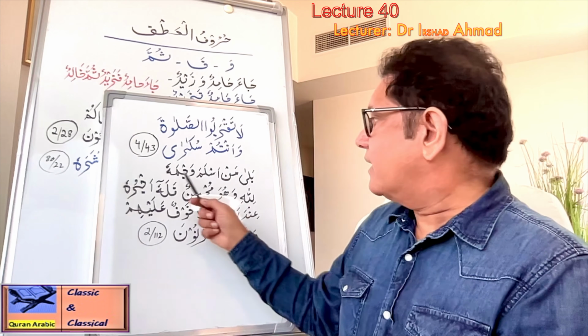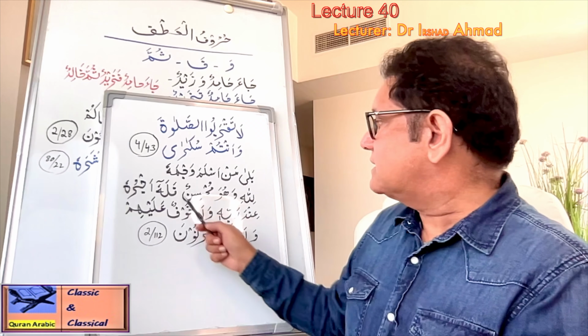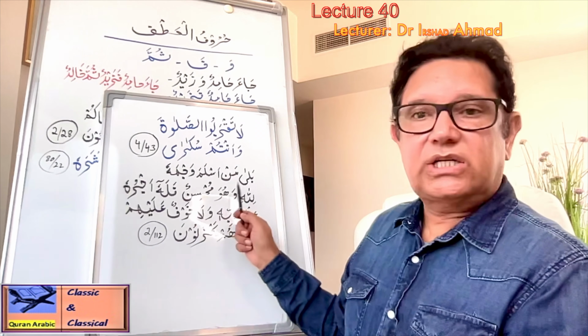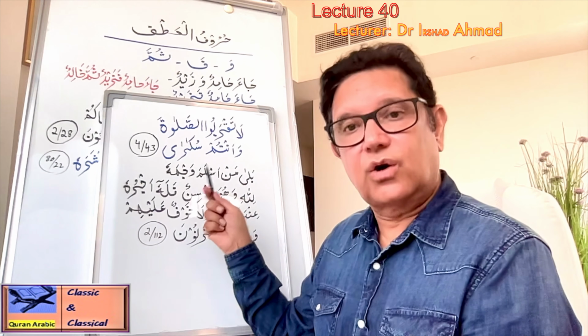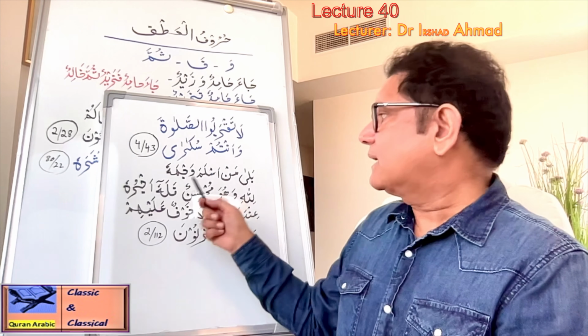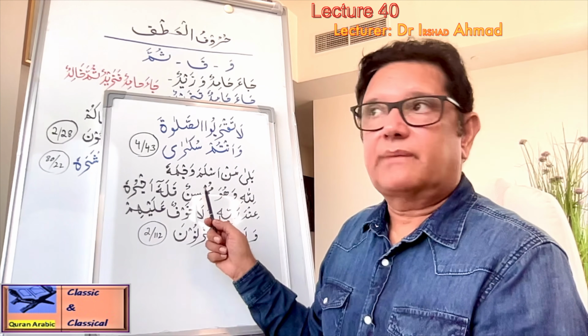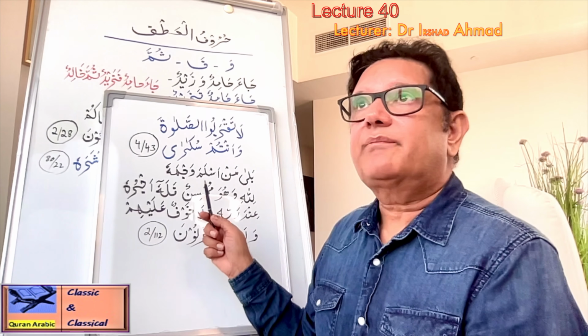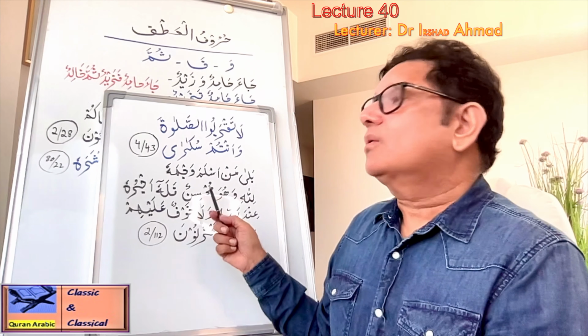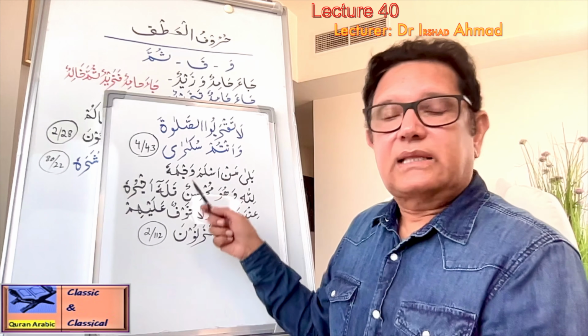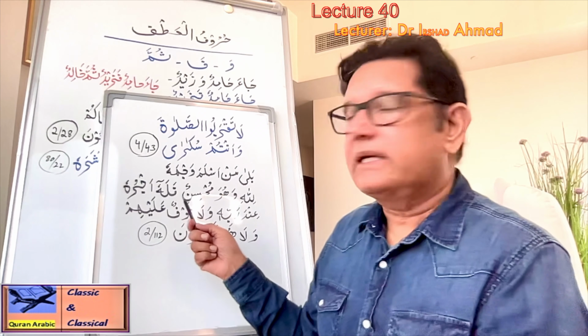So here really this is a condition, that if you fulfill Allah's obligations, but in the state of being muhsin, in the state of doing good deeds. That's what muhsin is, that's what ihsan is, doing of good deeds.